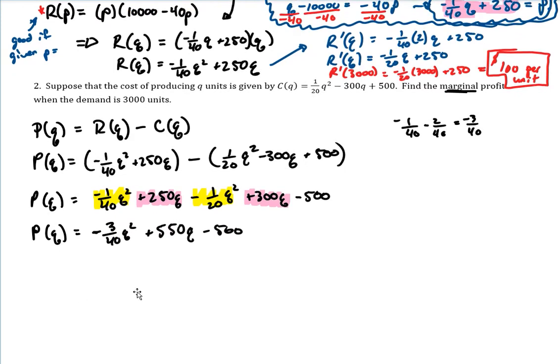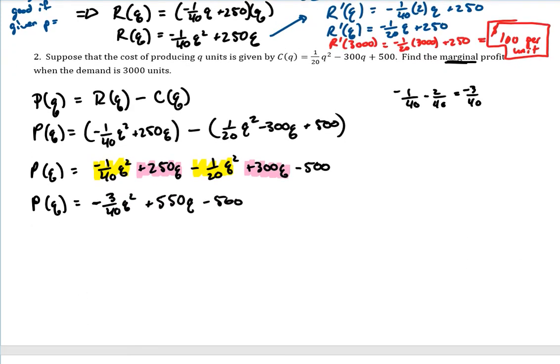To find marginal profit, we just take the derivative of this. Okay, so I'm going to show that in blue. So I have P prime of Q. All right, so I have negative 3/40ths would get multiplied by the 2, and then we'd have Q, minus 1 from the power, would just be Q. And then this is just plus 550 left over. And then the derivative of a constant is 0.